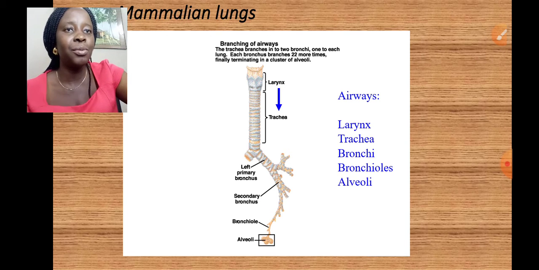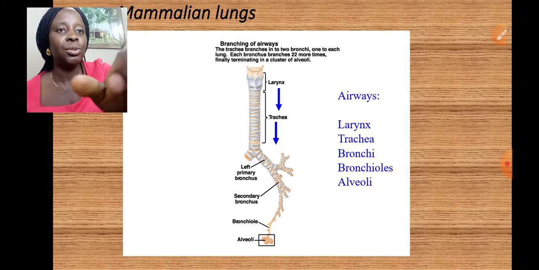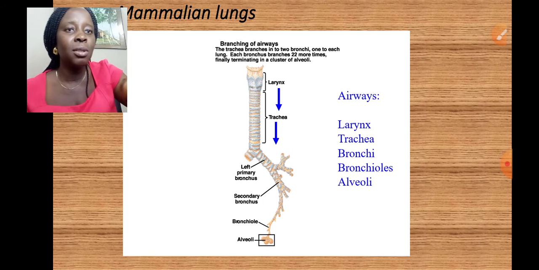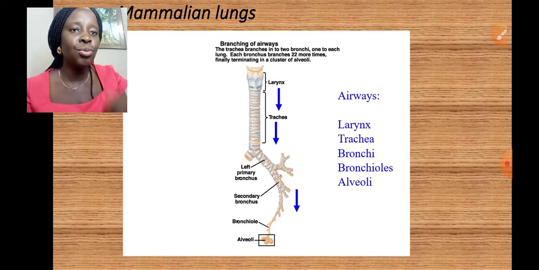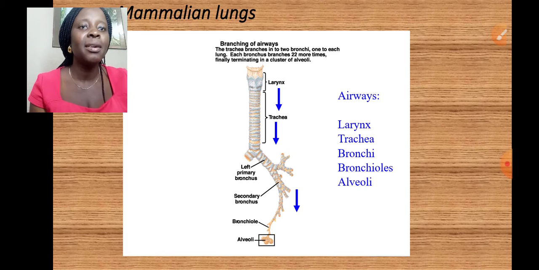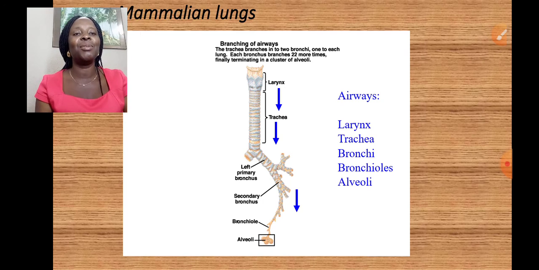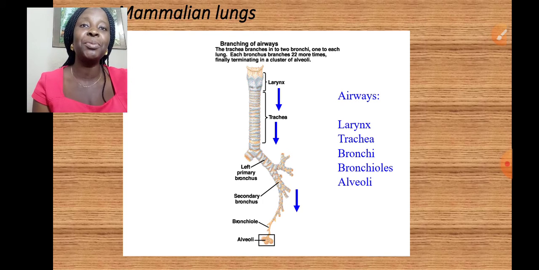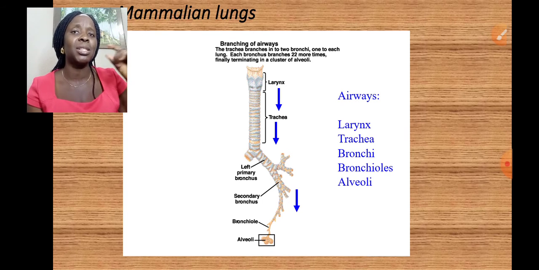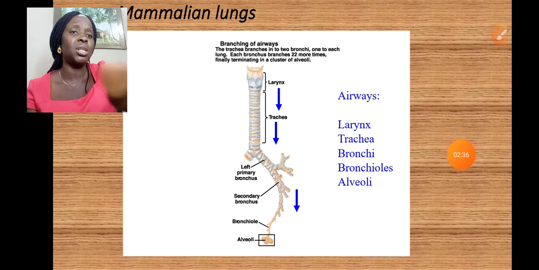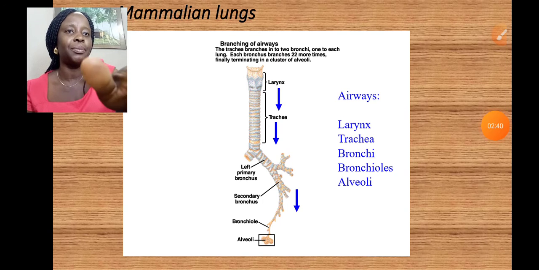You can see the arrow. Then to your bronchi, then from there to your bronchioles, then to your alveoli. The words might sound a little strange, but don't worry, we are still going to look at each one of them, and we're going to see their function one after the other.